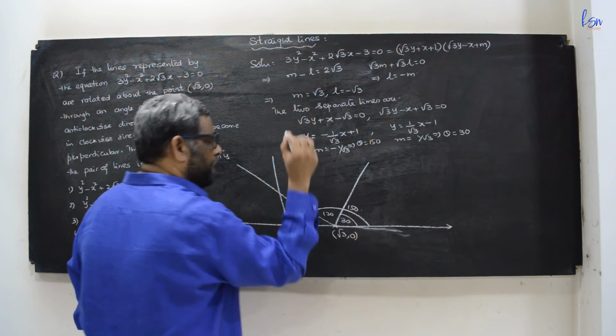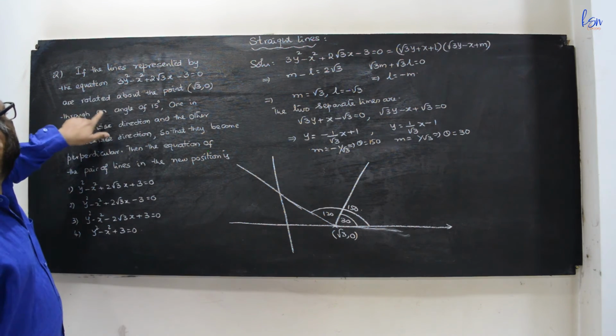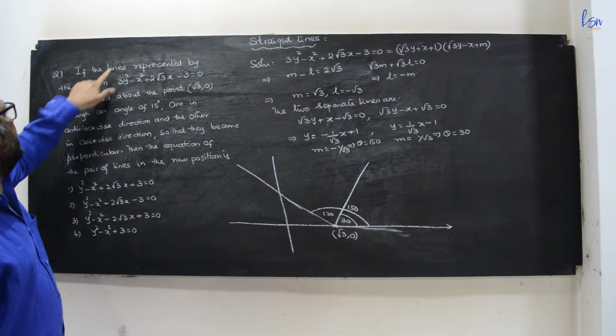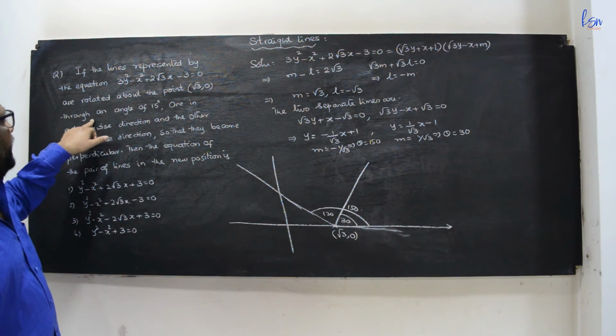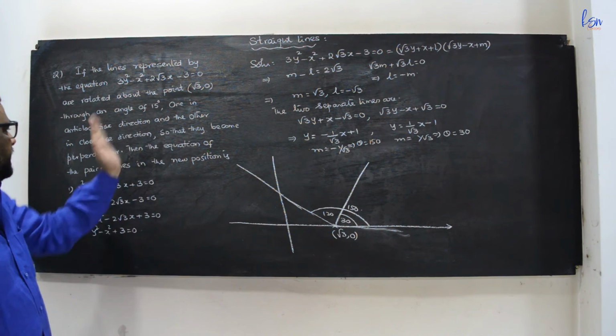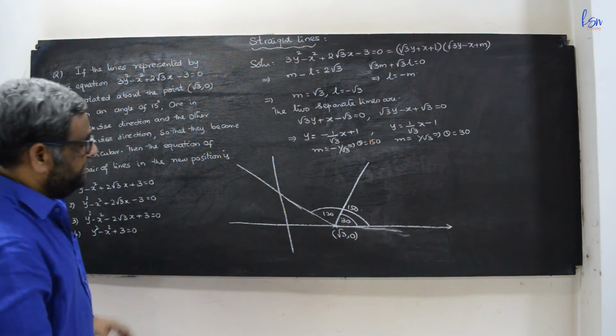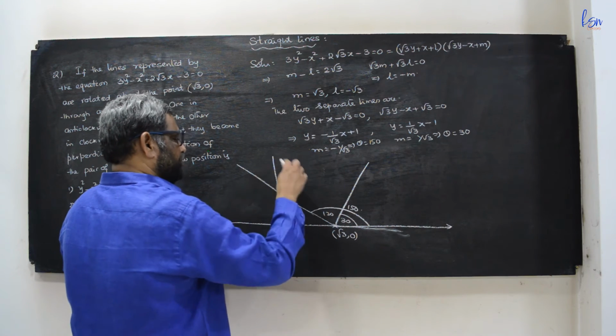Now the lines are rotated about the point root 3 comma 0 through an angle of 15 degrees, one in the anti-clockwise direction, the other in the clockwise direction. That means this is rotated about 15 degrees in this direction.